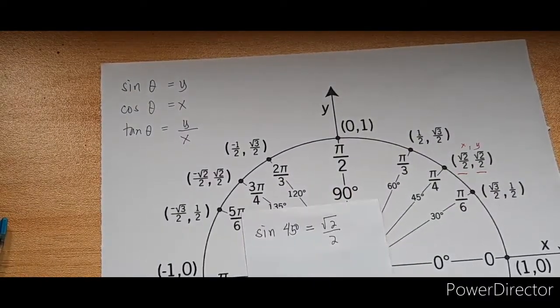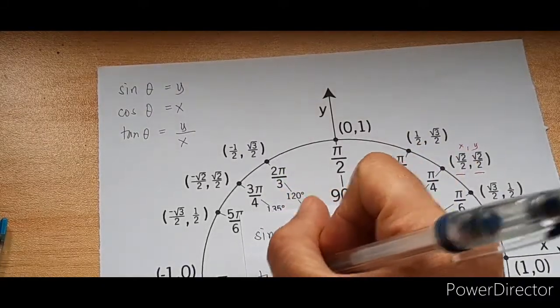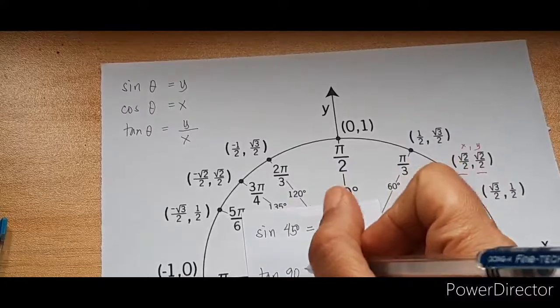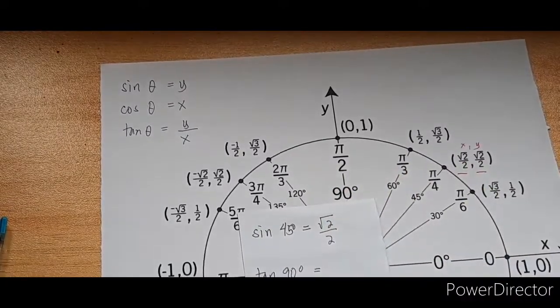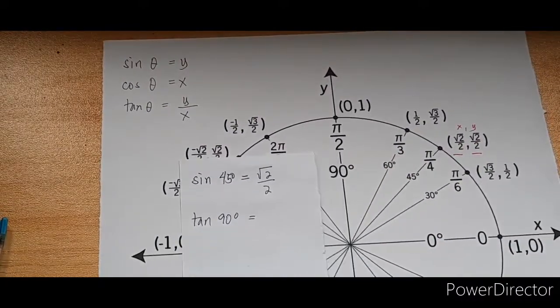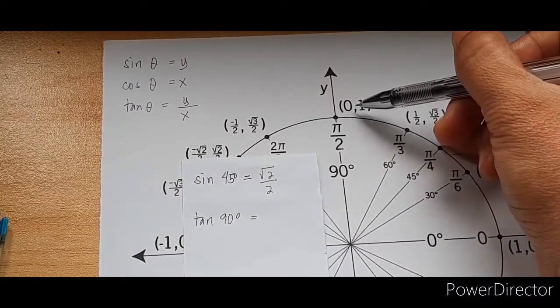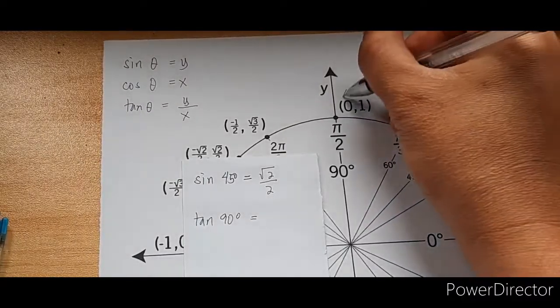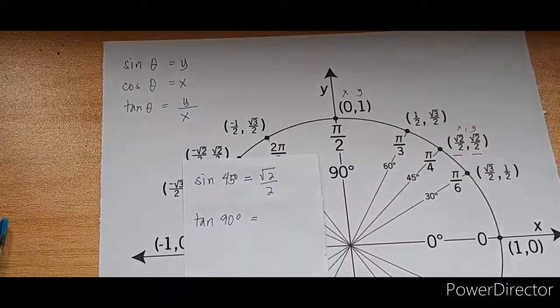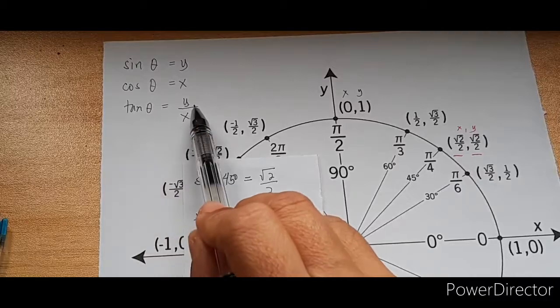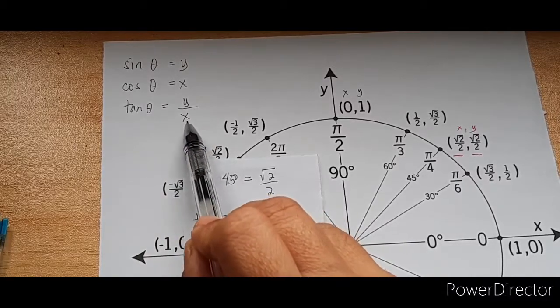Okay, that's easy. How about tangent 90 degrees? Here is our 90 degrees, and the coordinates are 0 and 1. This is our x coordinate and this is our y coordinate. Tangent theta is equal to the y coordinate over the x coordinate.